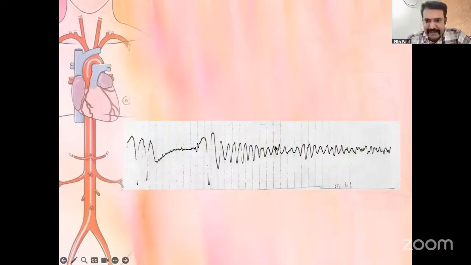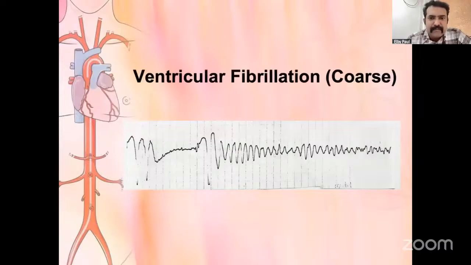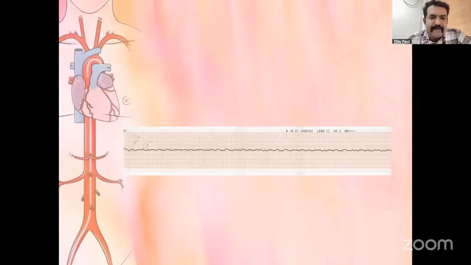We call this coarse ventricular fibrillation. It is something like an earthquake meter reading. In this situation, we need CPR, shock and medication. Medication means adrenaline 1 mg.